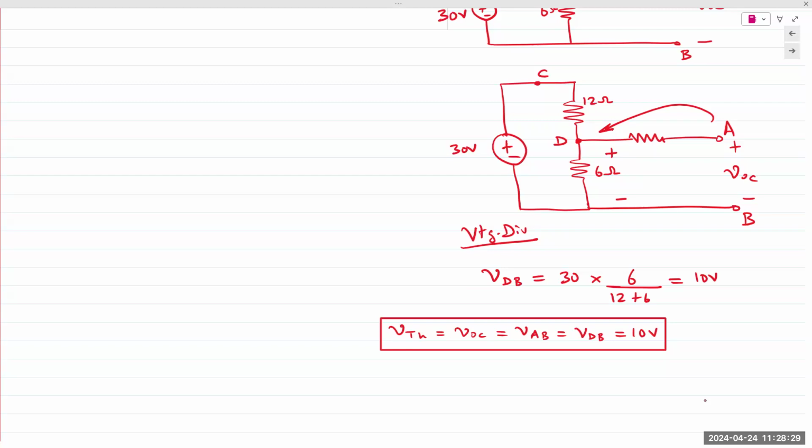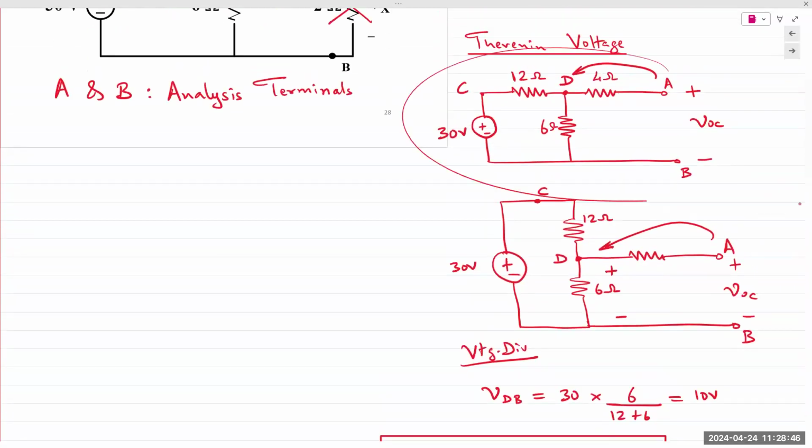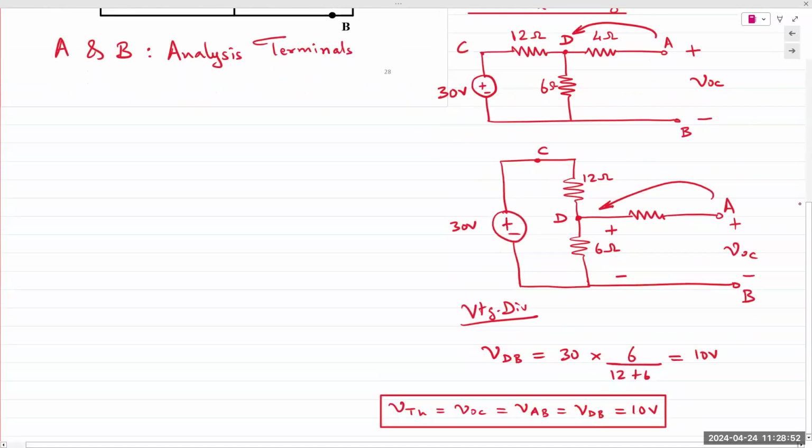Sure. So the question being asked is when we redraw it, what is the best approach to redrawing, correct? So I would recommend you first note down all the nodes, mark all the nodes in the circuit. As I said, in the original circuit, I noted down A, B, C, D, right? So 4 nodes. I make sure of the components that are connected between each one of those nodes.